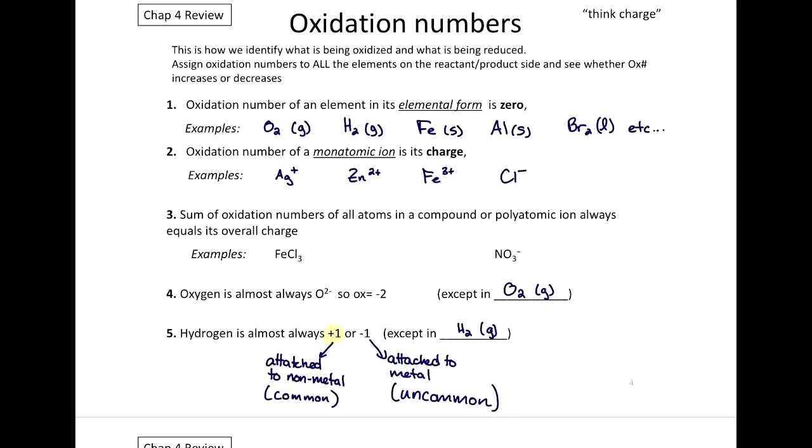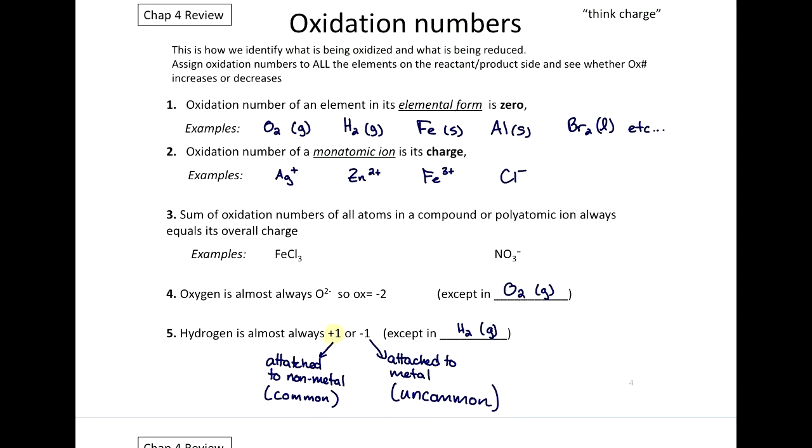So here are some rules. The first one is any element already in its neutral state, any atom that is already charge neutral, has an oxidation number of 0. So oxygen gas, hydrogen gas, all of these solids, they're charge neutral. There's only one element there. They all have a 0 oxidation number.